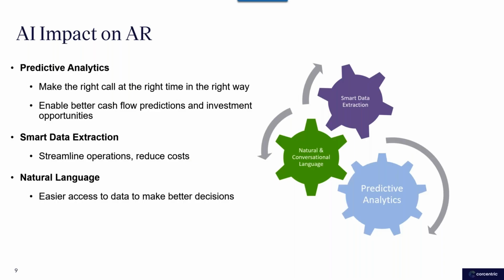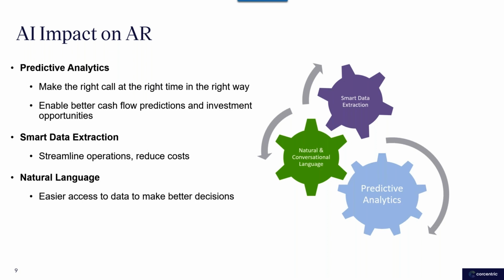So the way this technology impacts AR today: on the predictive analytics side, the best use case is really to make the right call at the right time. Basically, we try to predict our what-if scenarios, and we predict what's going to happen to be able to say, okay, let's focus on this, let's do that, etc. By being able to anticipate instead of looking after the fact, we are able to be way more efficient in the decisions we make.